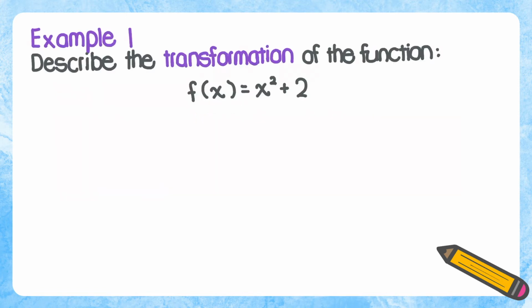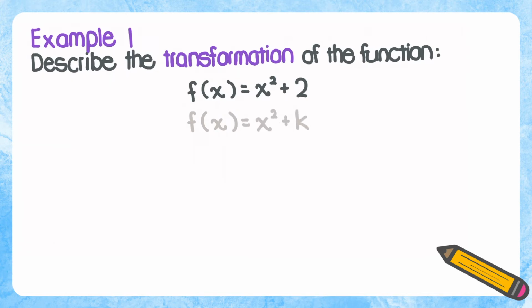For our first example, we will describe the transformation of this function, f of x equals x squared plus 2. As usual, we are going to compare this with the general form. The general form is f of x equals x squared plus k.